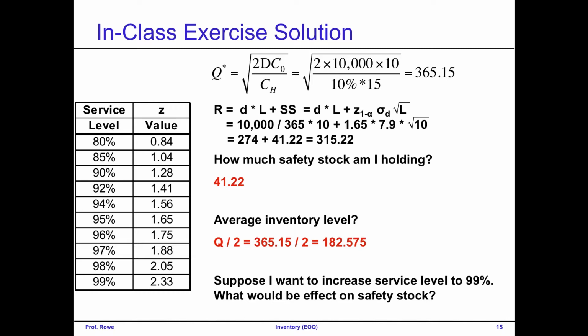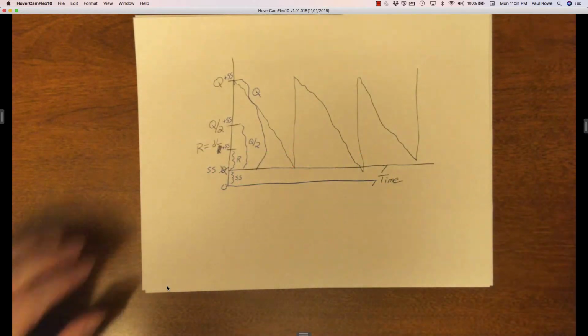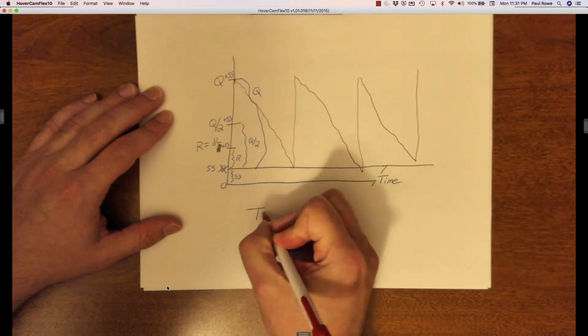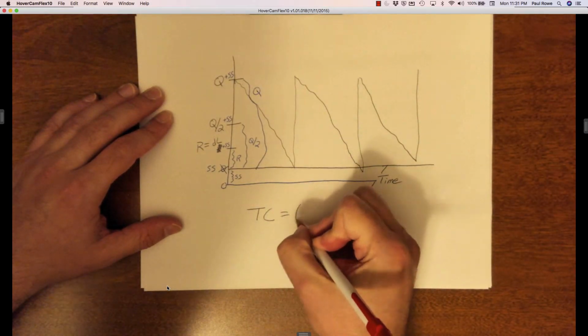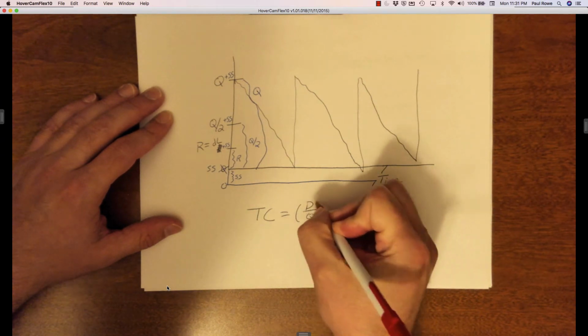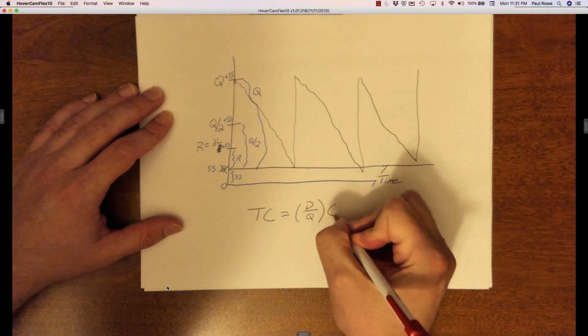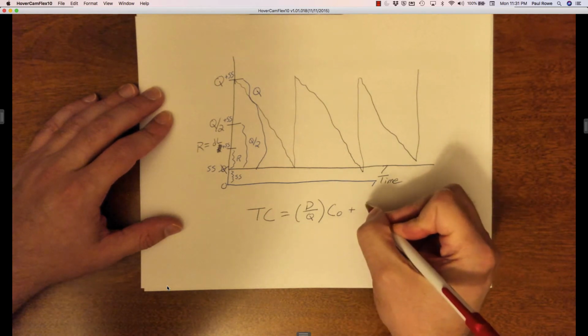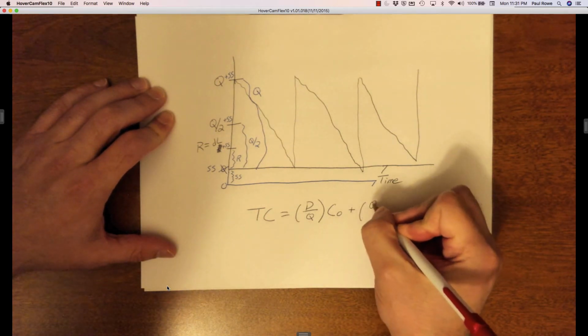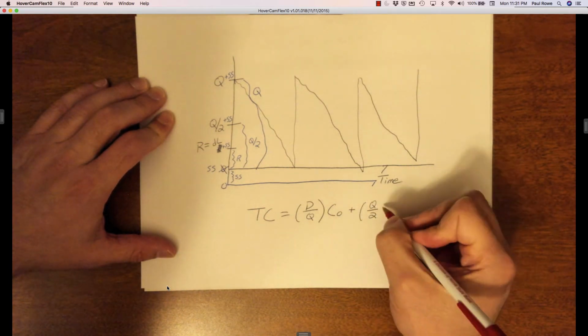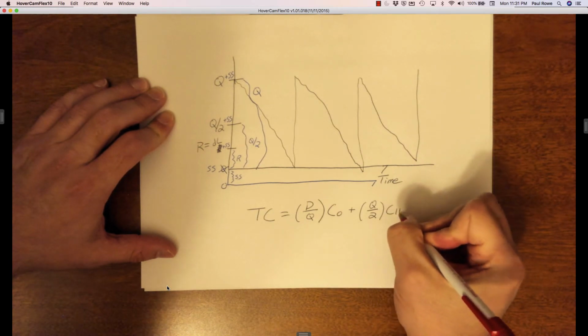Now, next question, what would be the impact on our total cost? Well, we would be increasing our total cost because we would be increasing our safety stock. And in our new total cost formula, by the way, we had our D divided by Q, number of orders per year, times our cost per order, plus we already had our Q divided by 2 times our holding cost.